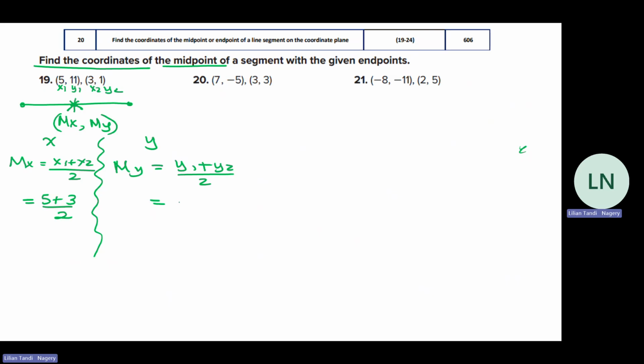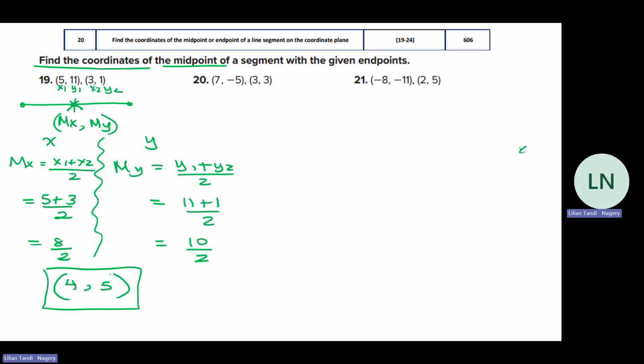And this becomes 11 plus 1 divide 2. This is 8 divide 2. And this is 10 divide 2. And they give you 4 and 5. 4 comes from here, 5 comes from here. And you box your answer. That's your mx, that's your my.